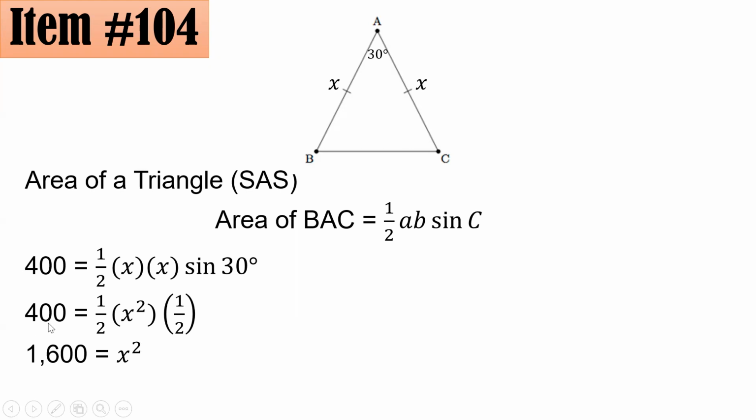So 4 times 400 will be 1,600 equals x squared. And with such, getting the positive square root of both sides only, supposedly x should be plus minus 40. But let us use the positive value because the length of a side here should be positive. So letter C is the correct answer.